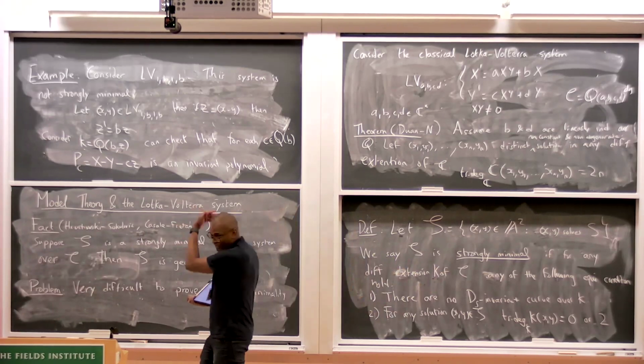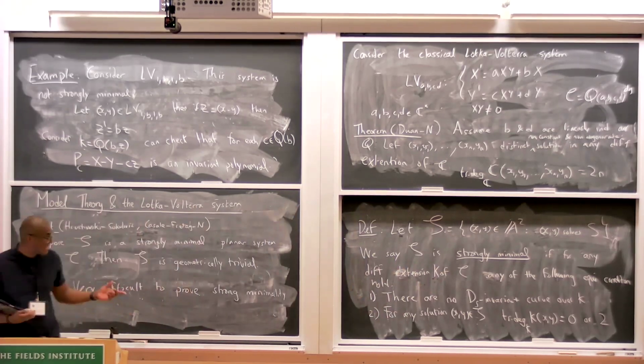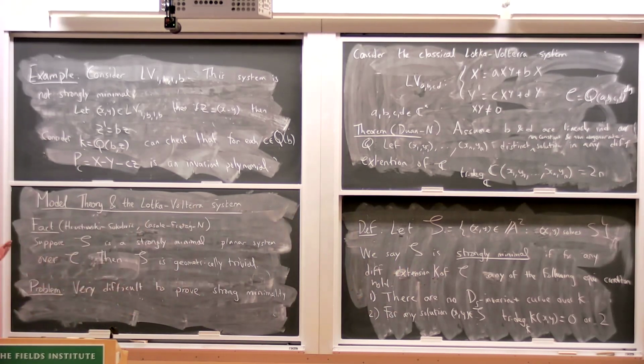So you may add all types of functions to your base field, and then try to see whether you have an invariant polynomial. And in this case, if you add that exponential function, you get an invariant polynomial. All right. And so this is a difficulty. The difficulty is you have no control on the field in advance, a priori, where this will be defined, right?